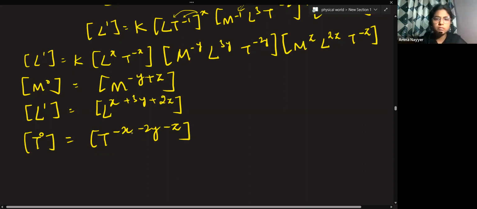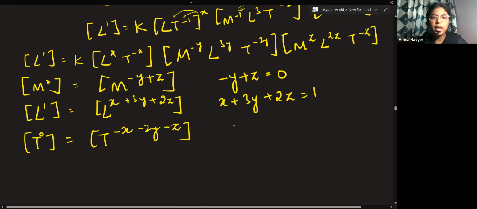Now write the equations. Minus y plus z is equal to what? 0. X plus 3y plus 2z is equal to what? 1. And minus x minus 2y minus z is equal to 0. See how many variables you have? You have 3 variables.